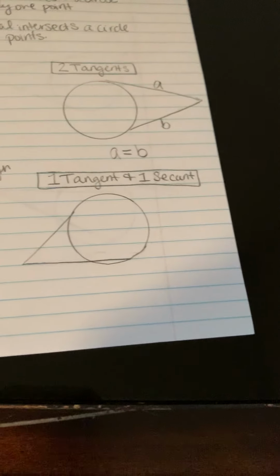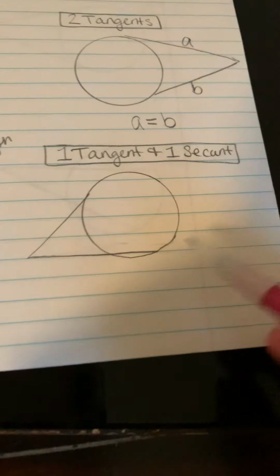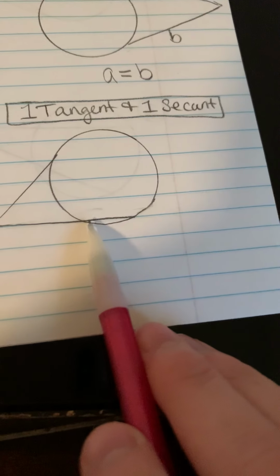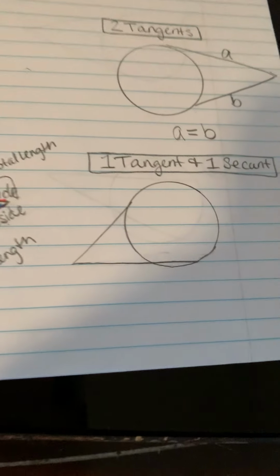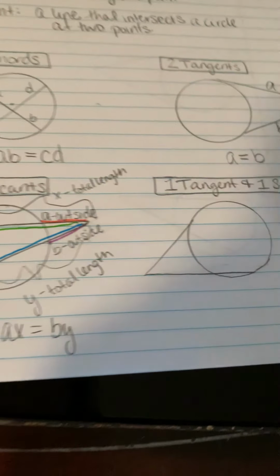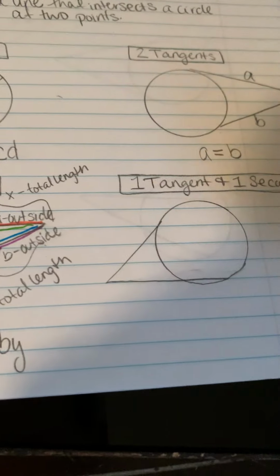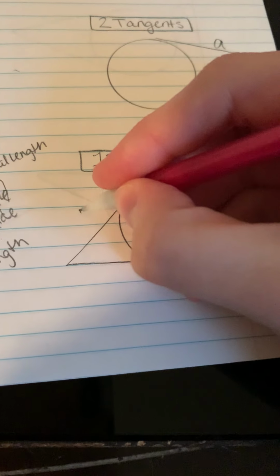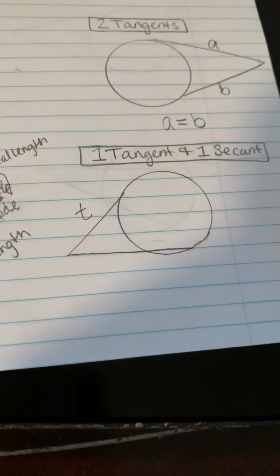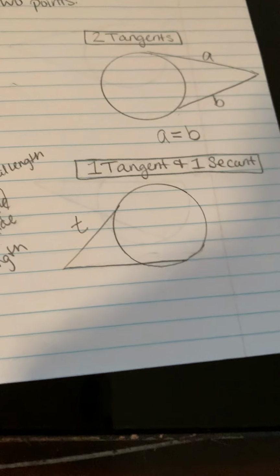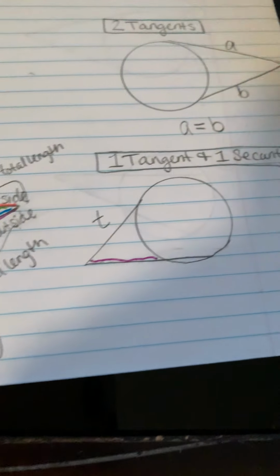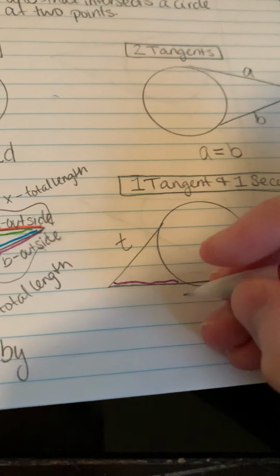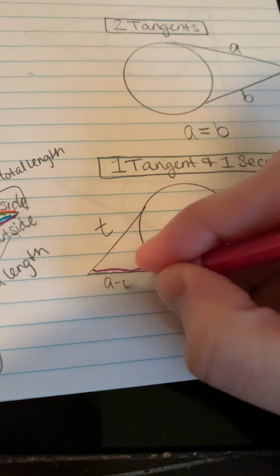And then last but not least, we have one tangent and one secant, okay? The secant touches really close to the edge, okay? And so it is very similar to combining what we know about tangent and secant. It is slightly different, but similar. So this is our tangent, so I'm going to label that with T. And then again, we have our outside of our secant.